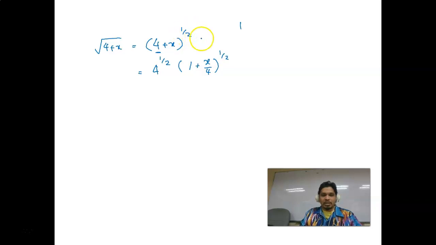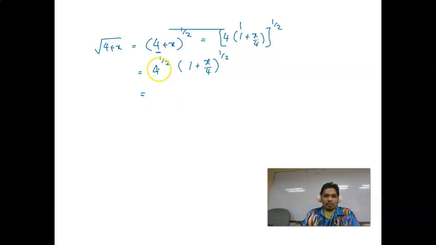Okay, actually that is coming like this here. 4, 1 plus x over 4. Okay, everything here to the power of half. So 4 power of half, and also here to the power of half. Okay, so then square root of 4 power of half, which is square root of 4 equal to 2.